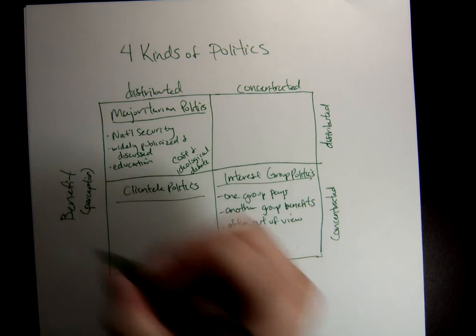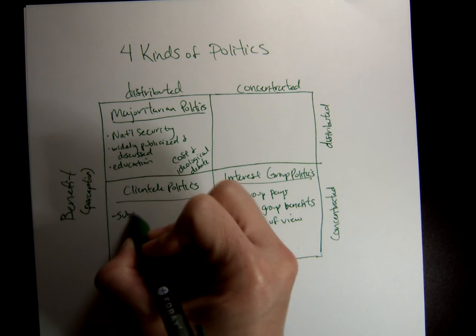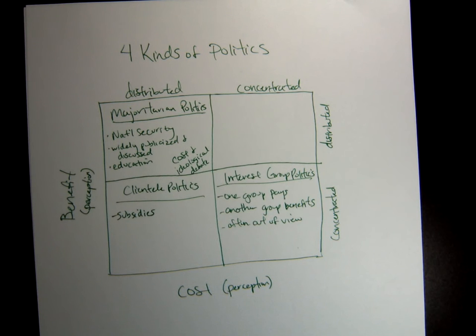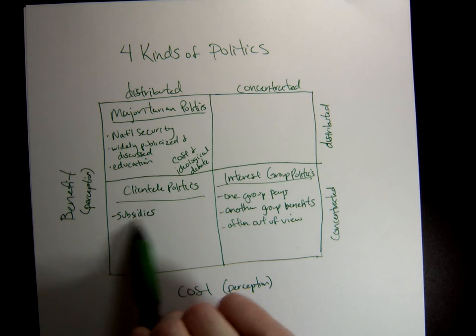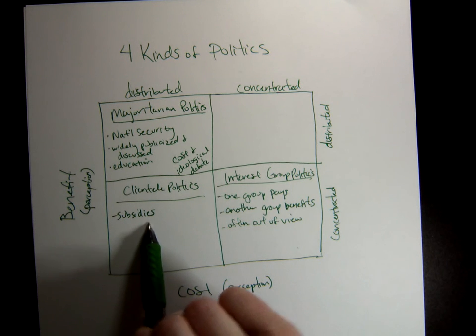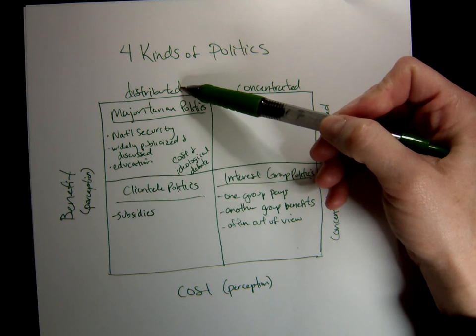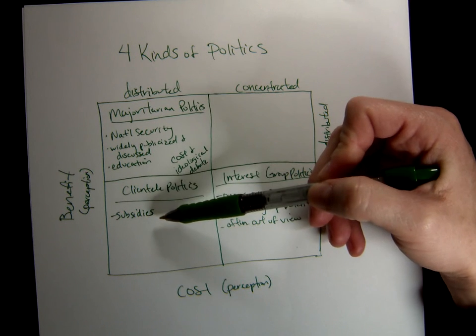So any type of subsidy. We did an activity looking at the wool and mohair industries and how they pushed for federal government subsidies. Again, the federal government gets its money from income taxes, and then those industries are getting some sort of financial benefit.